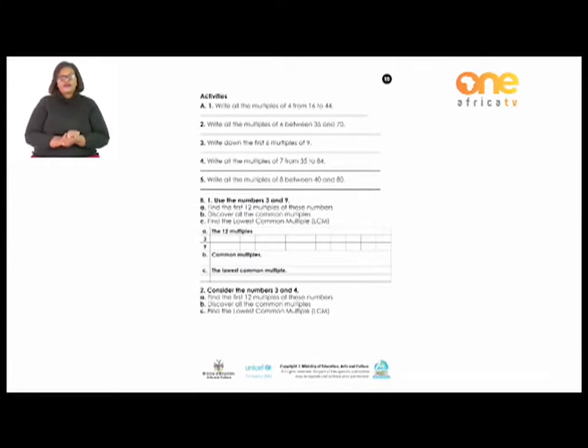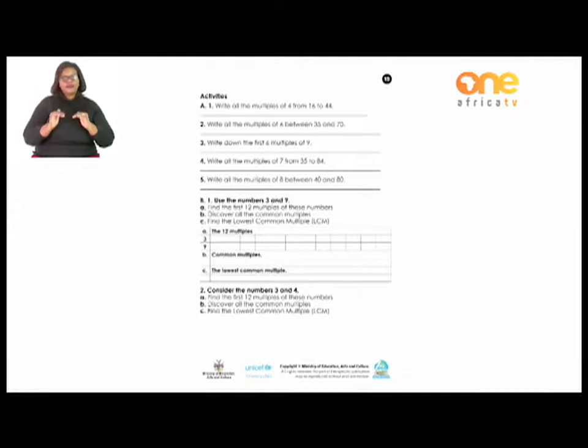Number 3, write down the first 6 multiples of 9. Number 4, write all the multiples of 7 from 35 to 84. And in number 5, write all the multiples of 8 between 40 and 80.